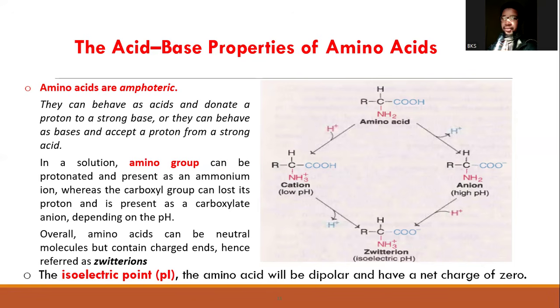The isoelectric pH is the pH at which an amino acid acquires equal positive and negative charges, so that the amino acid is considered neutral.